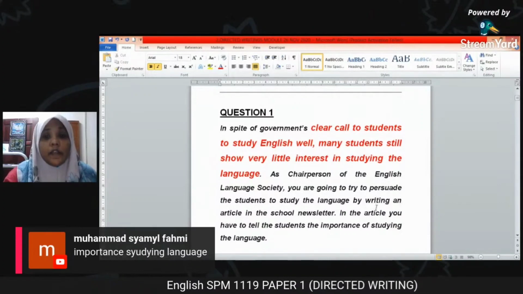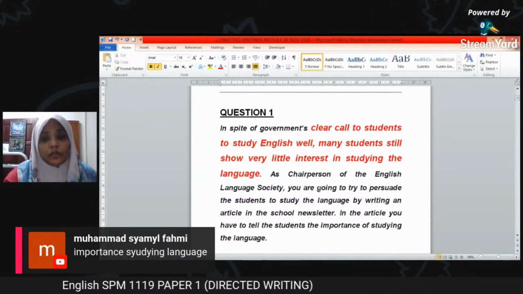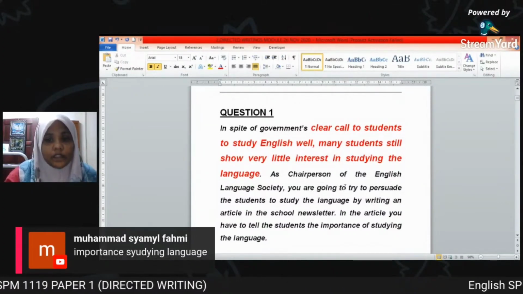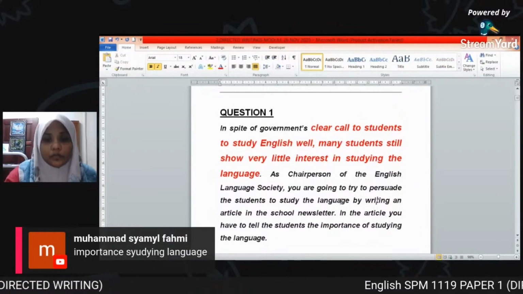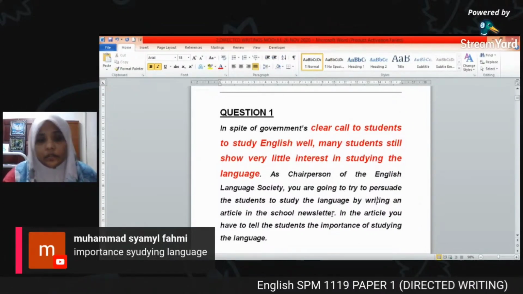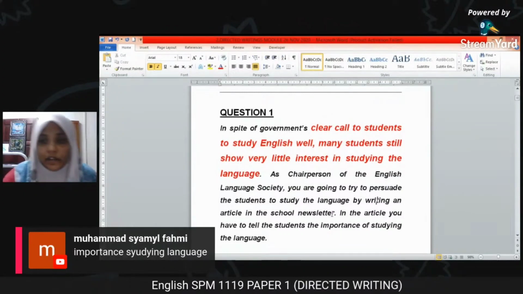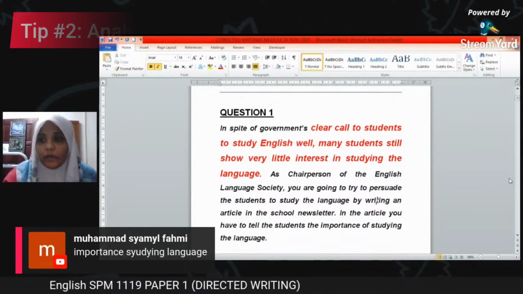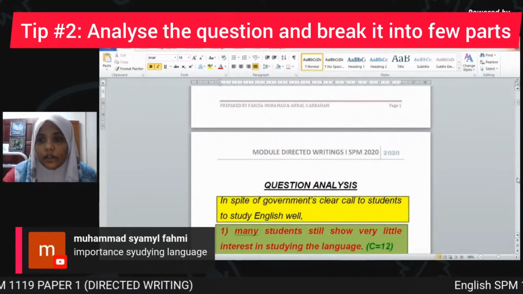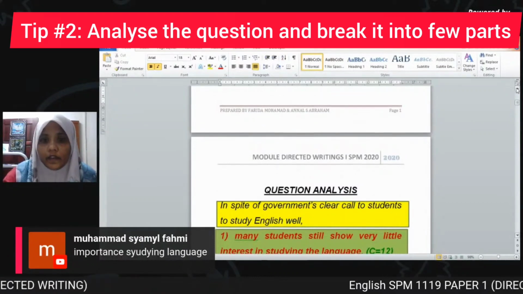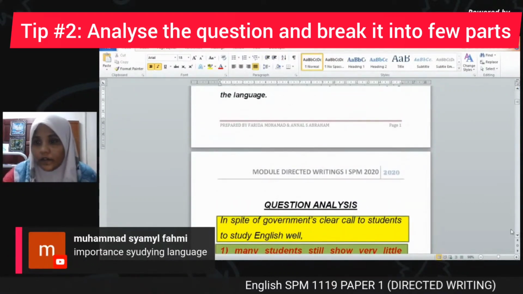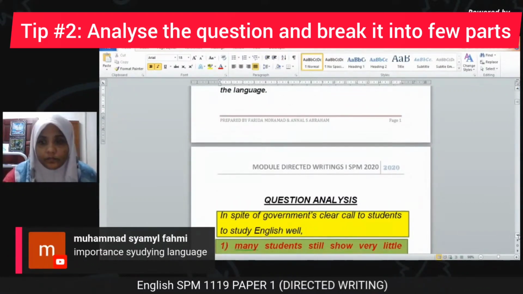Now, then only are you going to persuade the students to study the language by writing an article. Now, let us go one by one and analyze the question.